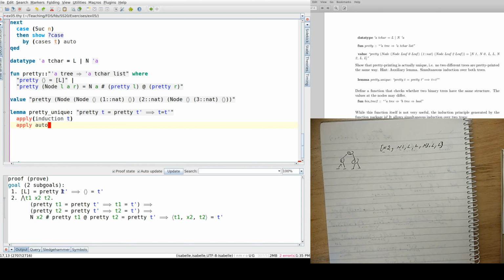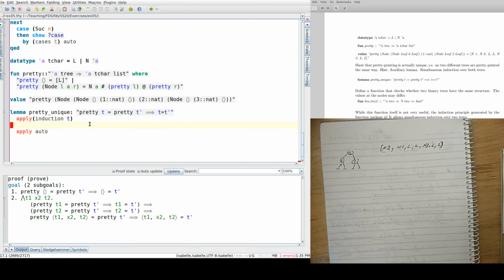case splitting on T prime, because when we do case splitting on T prime, let's just focus on the first subgoal. If we do case splitting on T prime, what we will have is the leaf case, and then the subgoal will be okay for that case, and then you will also have the case where T prime is not a leaf, and in that case what we have is a contradiction in the assumption, and accordingly the first subgoal will also be proven, because false implies everything.